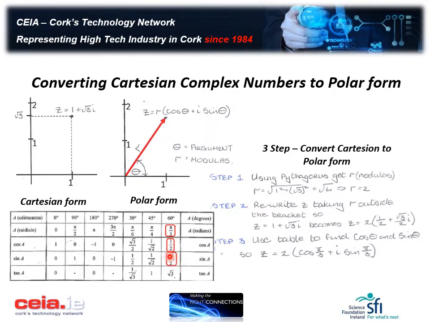So we have found our angle, and in this case it is pi over root 3 radians. So we can complete step 3 of the process by simply putting in pi over root 3 as the argument. So the answer is z is equal to 2, the modulus, open brackets, cosine root 3 plus i sine root 3, close brackets.